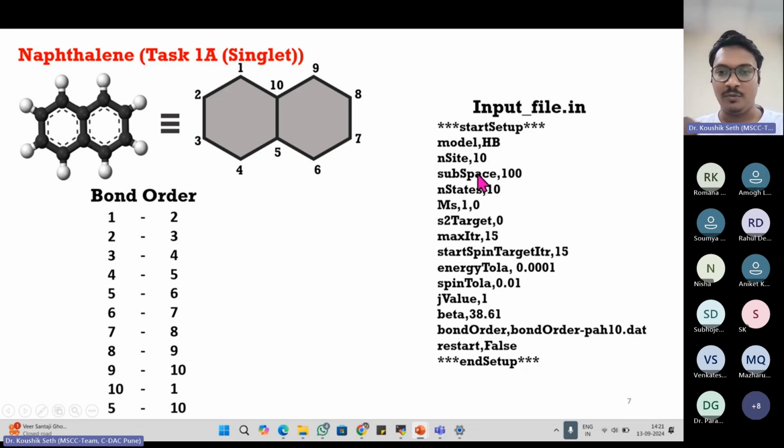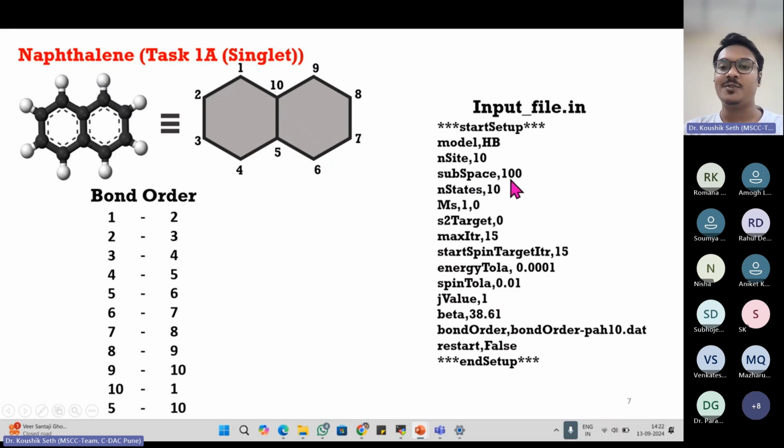If you know model Hamiltonians, you may have read about the Ising model, Heisenberg model, Ghosh-Majumdar model. For our case, we use the Heisenberg model. The number of sites you need to specify: 10 for this case because this is a 10 site system. In your example, my colleague Rahul will show, you will see your system size may be different.